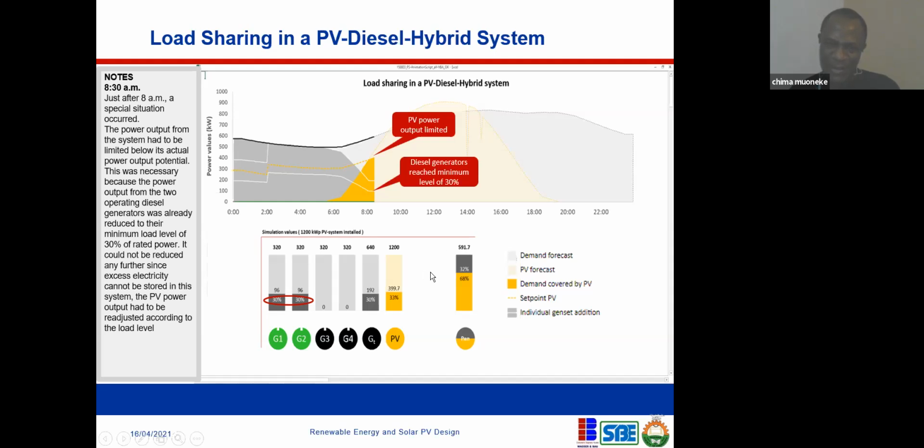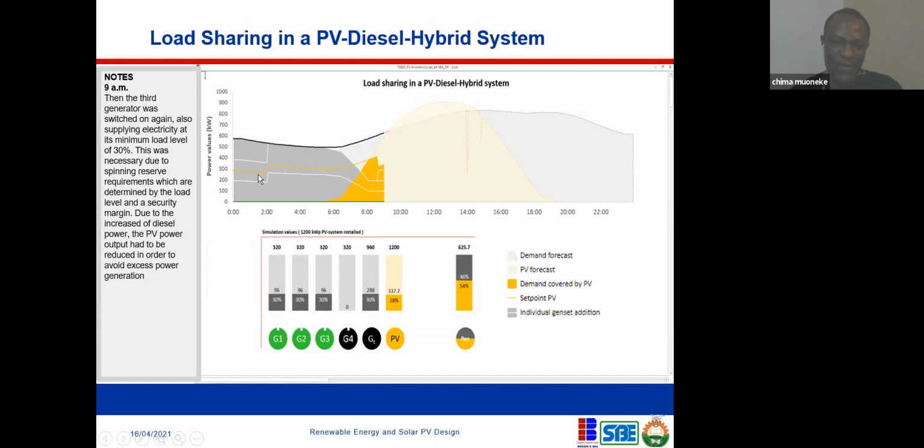Okay, it has to be derated, and that's what this is trying to say here: that the PV output has to be adjusted according to the load level. So at this point, there's no way this generator can perform below 30%, because that is the standard set condition that has been given to it. If one of them were to be running, the same thing that I explained earlier, it cannot meet this demand if there's any interruption on the solar system. So two of them must be running to cover up for this capacity.